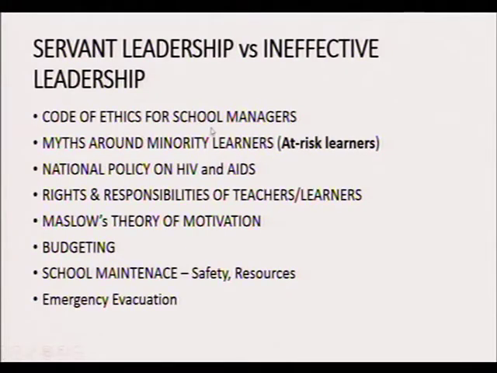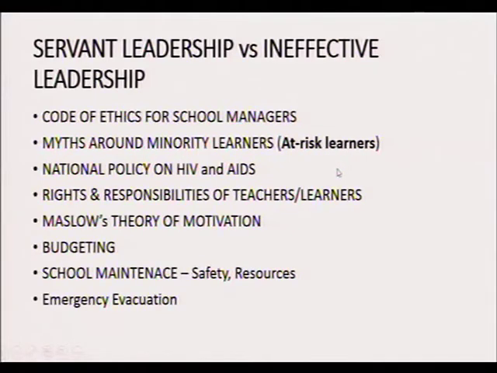Code of ethics for school managers. School managers are expected to follow a certain code of ethics, and you need to study this code of ethics for school managers. Myths around minority learners, or what we call at-risk learners.